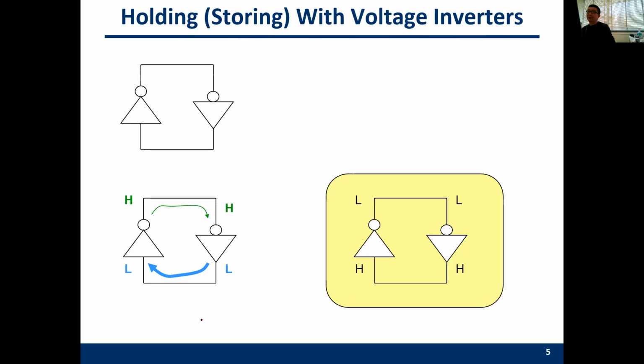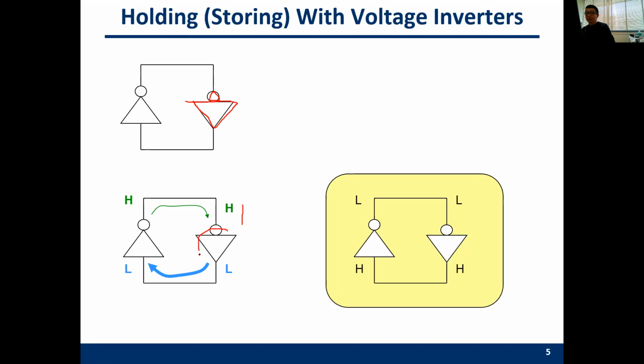So let's talk about the D-latch. Here is one example. It's not exactly the D-latch, but it's a part of the D-latch. So this is an inverter. Assume that we store 1 here.